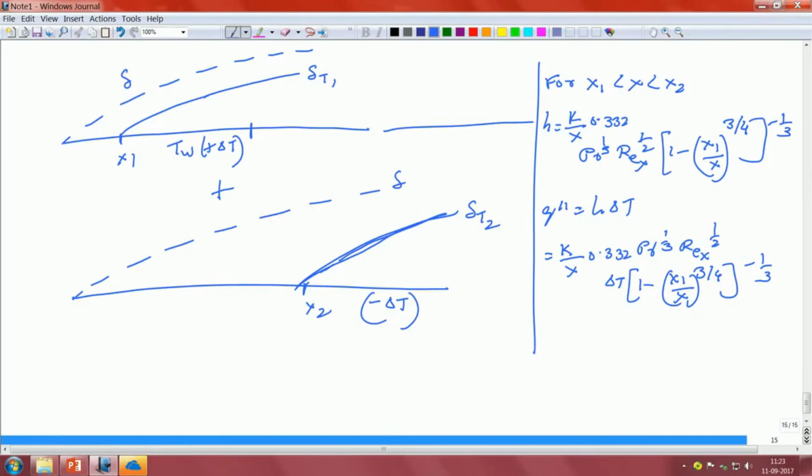This is for the region where x lies between x1 and x2.